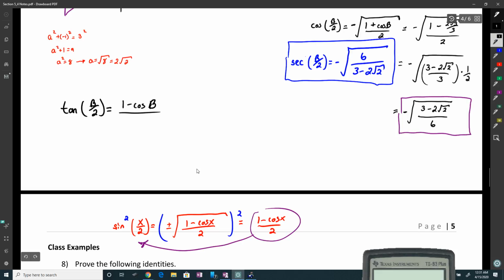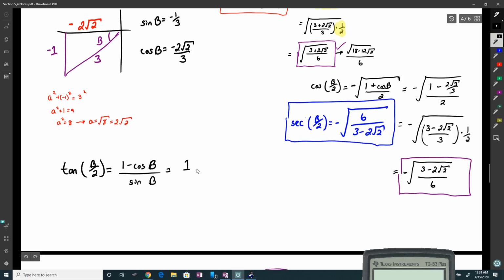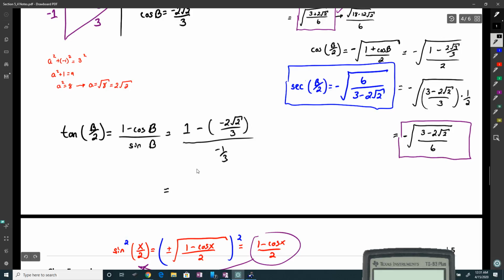So this is b as our variable. So this is 1 minus negative 2 square root of 2 over 3 over sine b, negative 1/3, and we just chug it out.